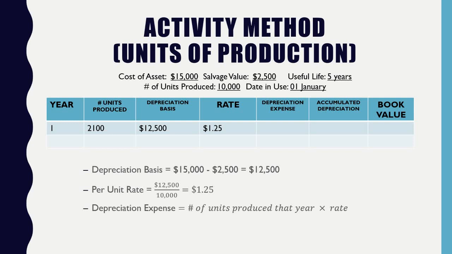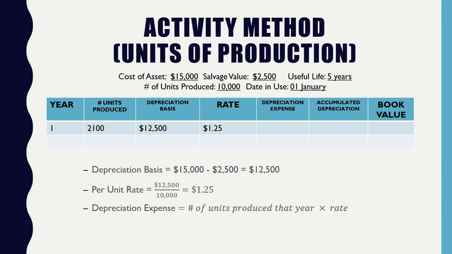Okay, so what you're going to notice is, now things are starting to make sense, because what I'm doing here is I'm taking my asset cost and distributing it by the number of my capacity. So I can only make a total of 10,000 units. So I'm going to determine how much it will cost me to produce one of those items. So therefore, I got $1.25.